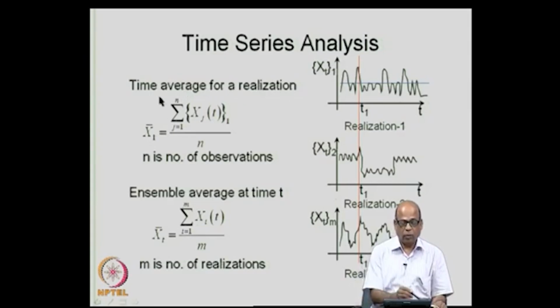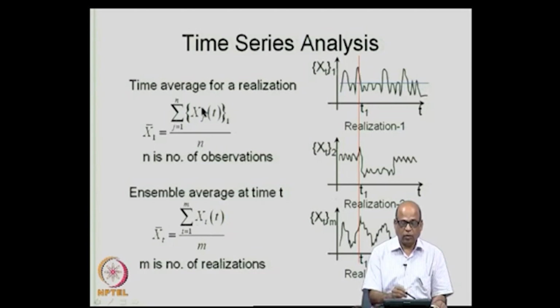For example, you may look at the time average of a realization, where you are taking the average across time. Therefore, for realization number 1, you can write x 1 bar as the sum of all the observations across time for the same realization divided by the number of observations.